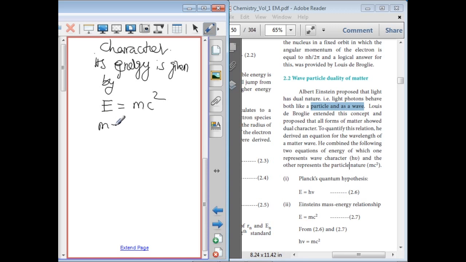What is m? M is the mass, and what is c? C is the velocity.